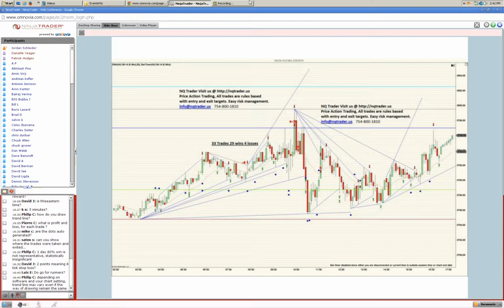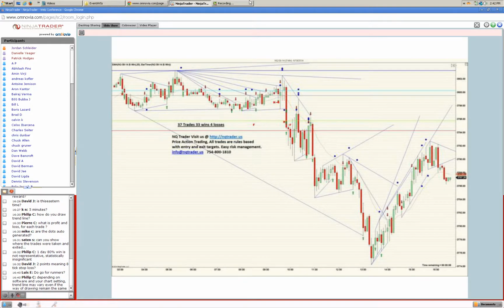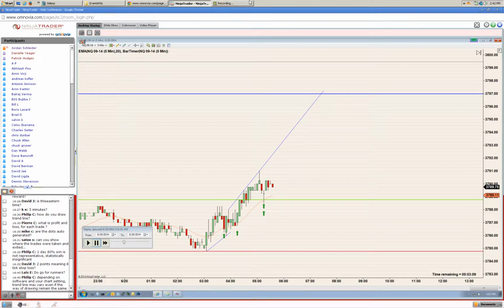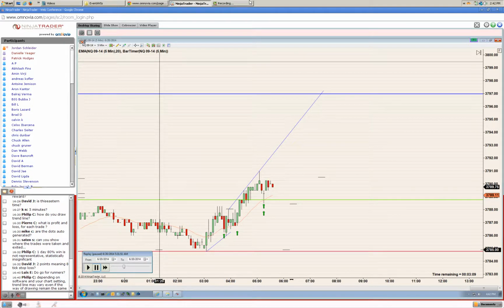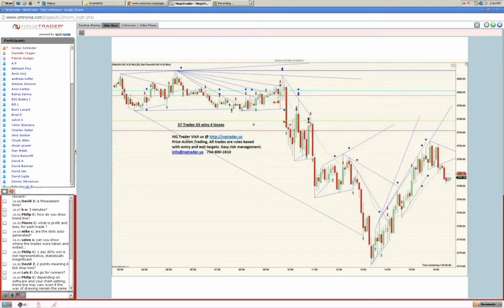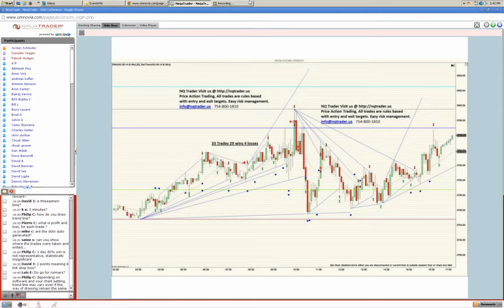Okay, so let me just switch over to market replay and see how this works. Good, now I can actually see my chart. As we just saw, let me go back. This is the beginning of the day, and we're going to start right over here at 3 a.m. that day.